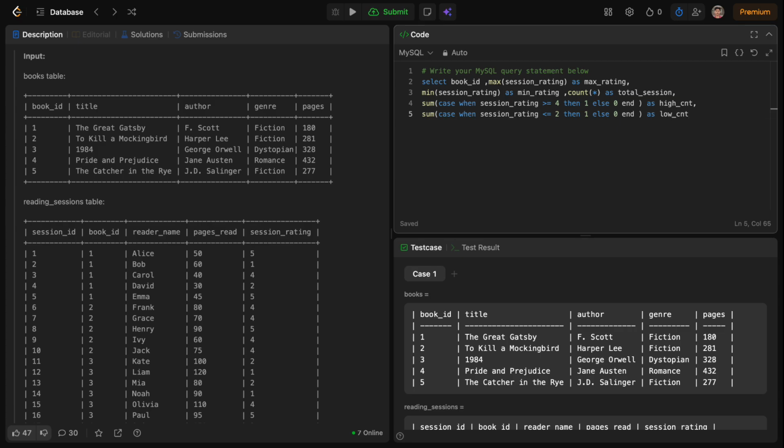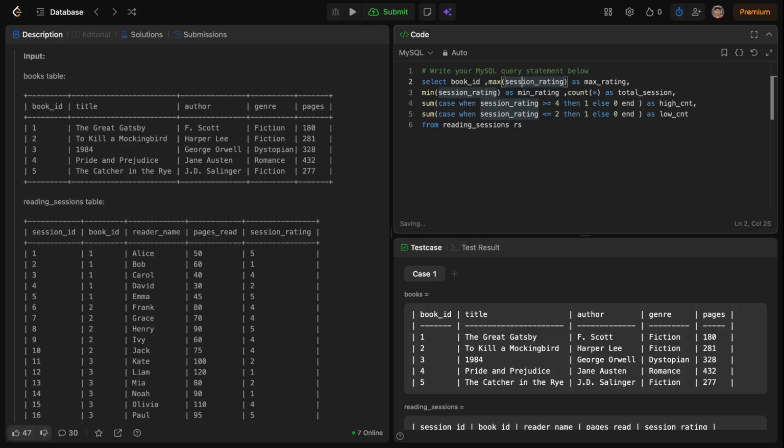And from which table? From the reading sessions table. I am making this table alias rs.